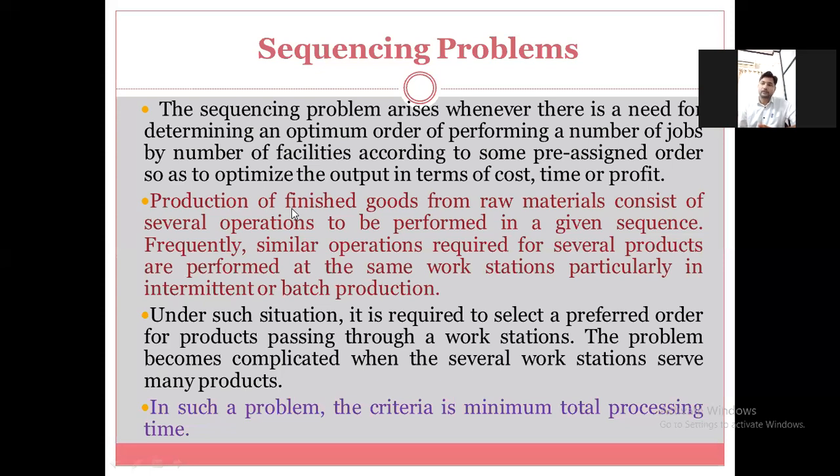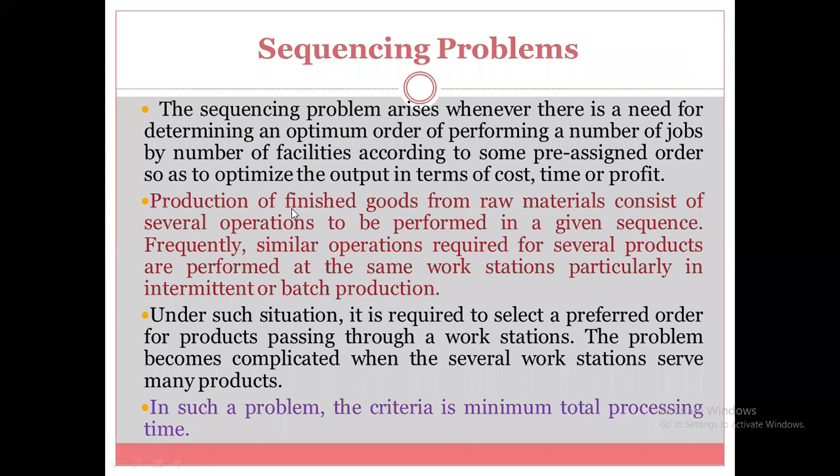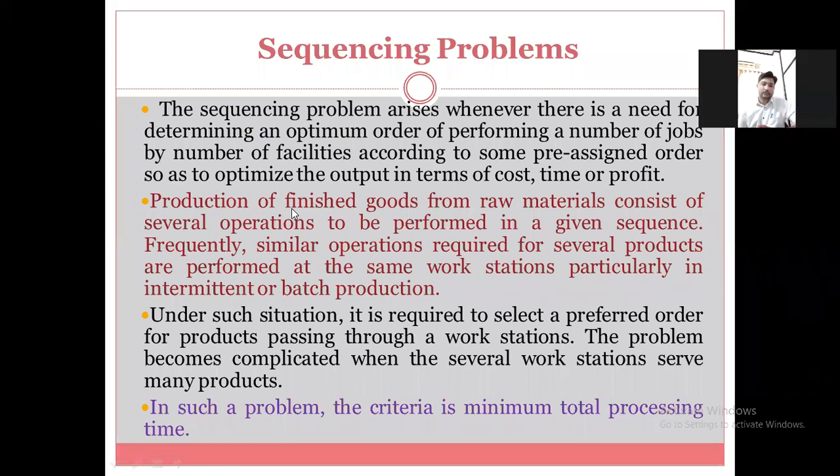Frequently, similar operations are required for several products and performed at the same workstation, particularly in intermittent or batch production. Under such a situation, it is required to select a preferred order for production passing through a workstation. The problem becomes complicated when several workstations serve.